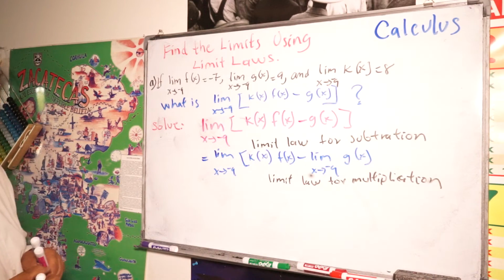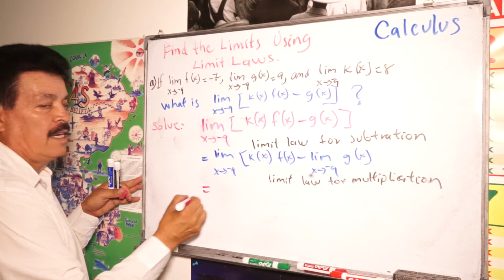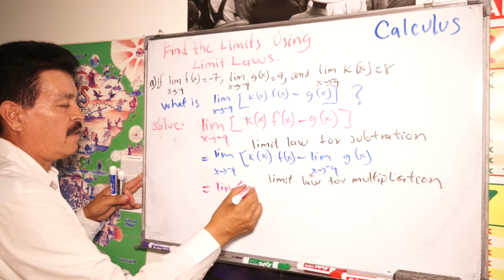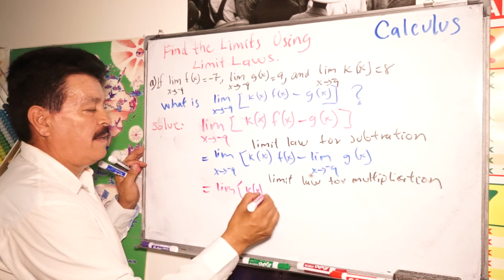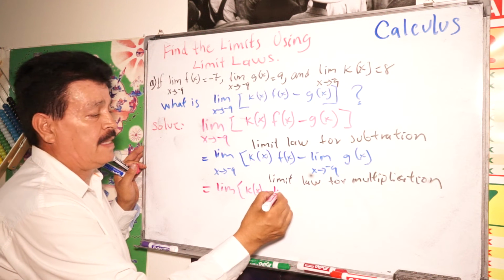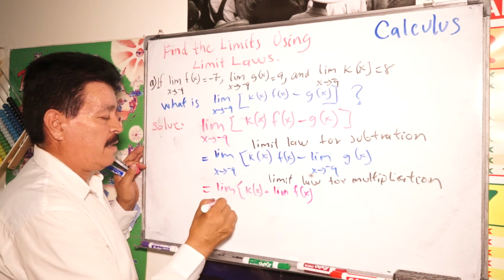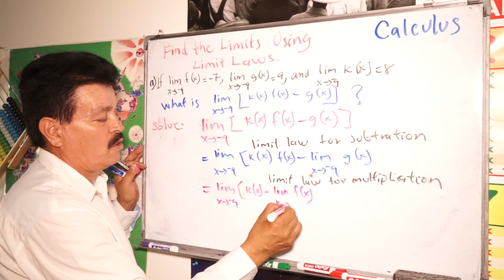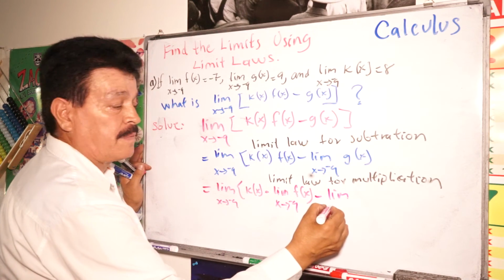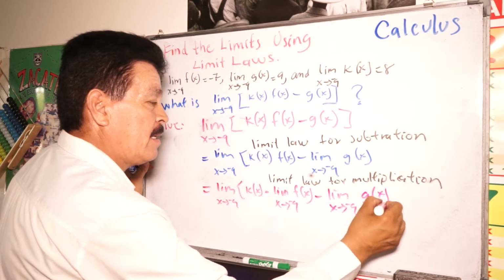So it equals the limit of k of x times, because now it's multiplication, the limit of f of x as x approaches negative 9, minus the limit of g of x as x approaches negative 9.